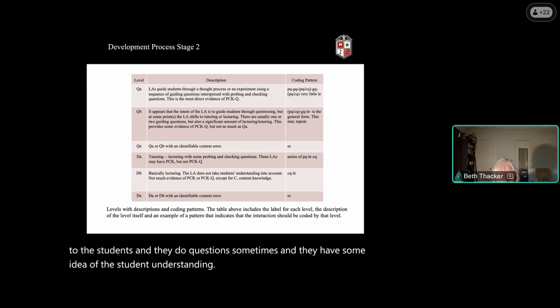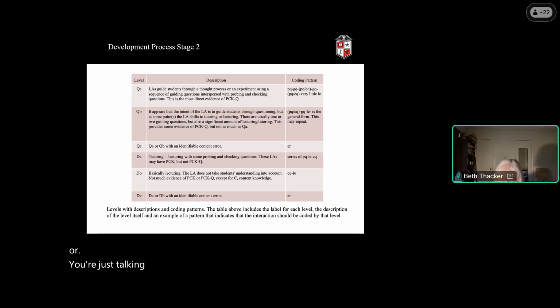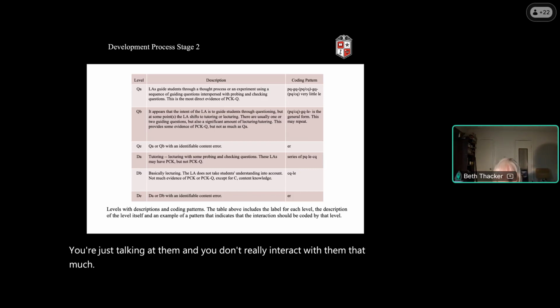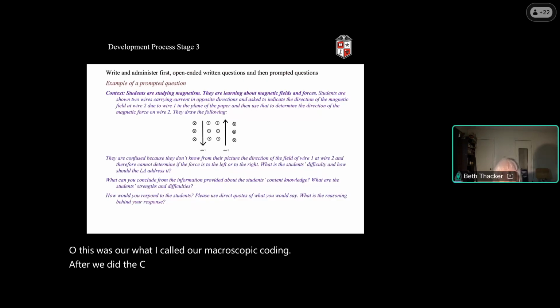DB was when you're basically lecturing and talking at students without really paying attention to their understanding or if they understand you, or you're just talking at them and you don't really interact with them that much. So this was what I called our macroscopic coding. After we did the coding, we were trying to develop an instrument. Oh, I probably didn't say this.